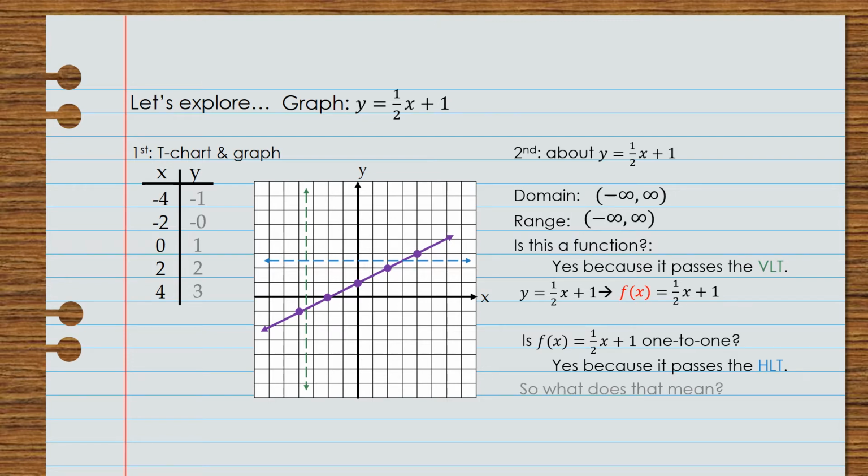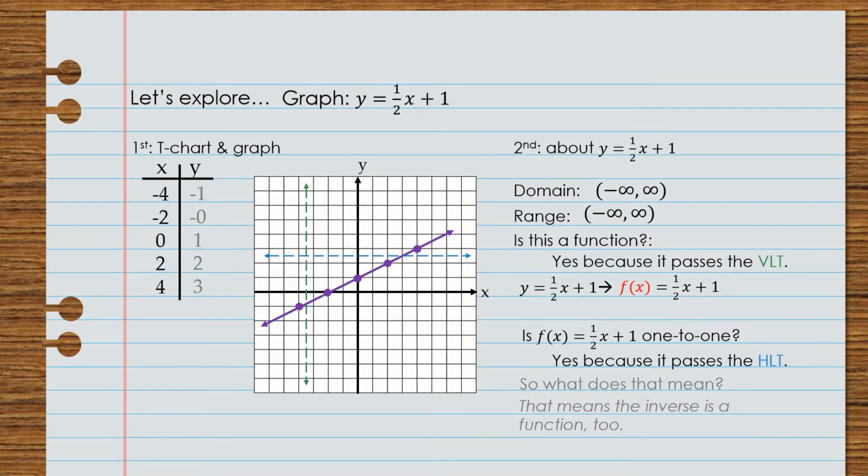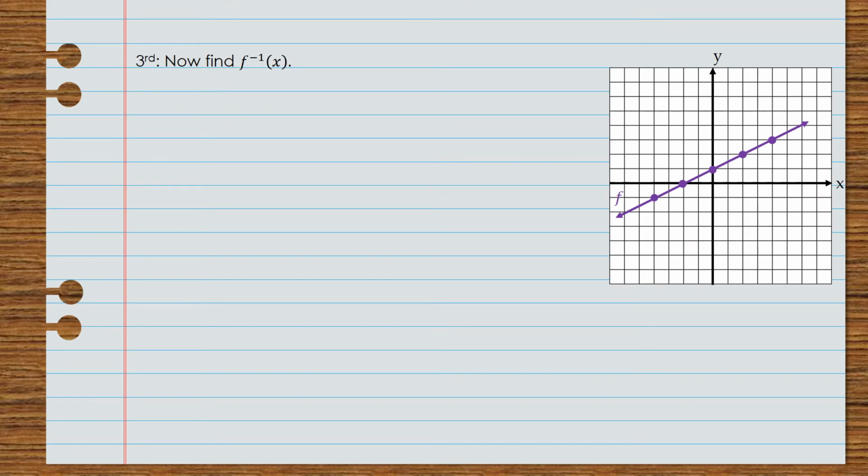So what does that really mean? Well, that means the inverse will be a function too. So let's look a little bit more. Okay, so we just did the horizontal line test, which means the inverse is going to be a function.